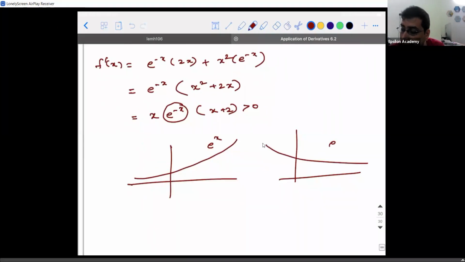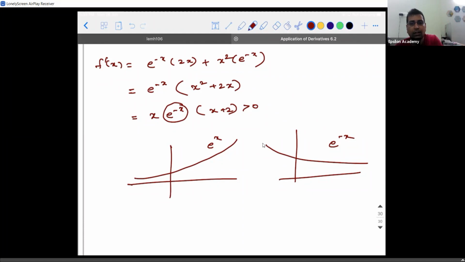This is the graph for e power minus x. Concentrate. If I talk only about e power x, I can say it is an increasing function in the real number system. If I talk only about e power minus x, I can say it is a decreasing function in the real number system.